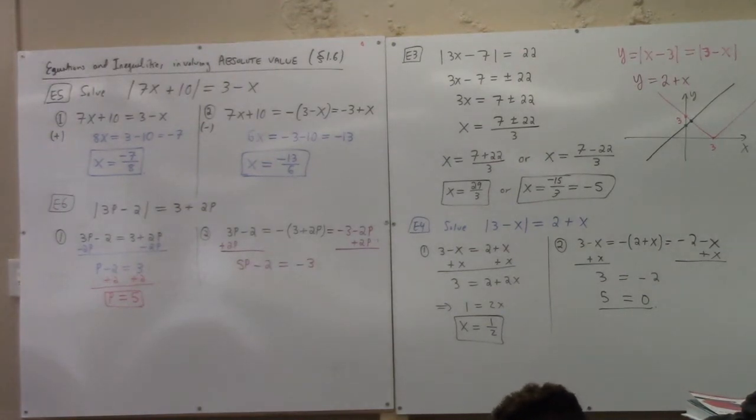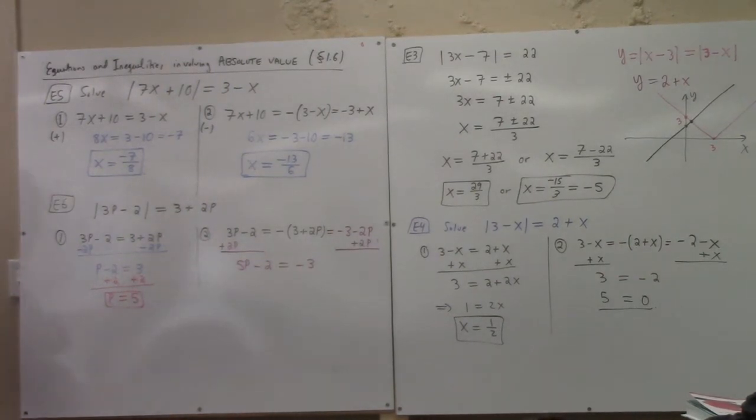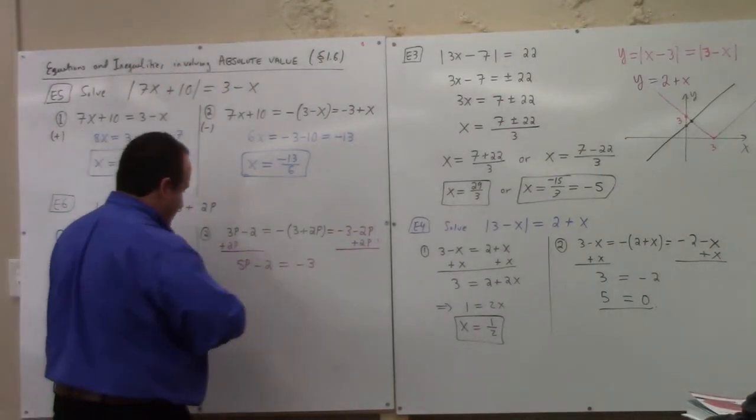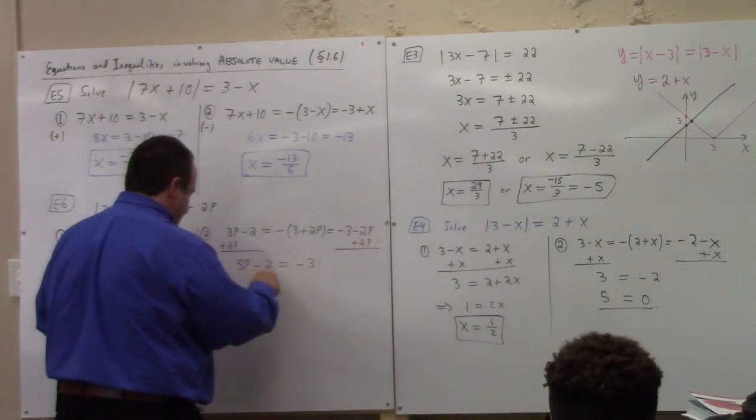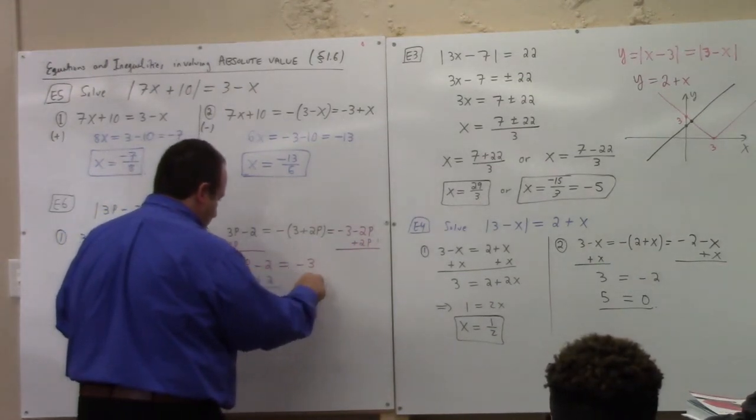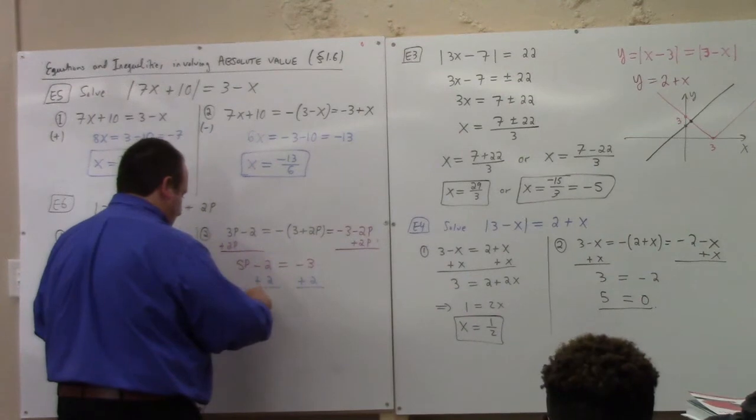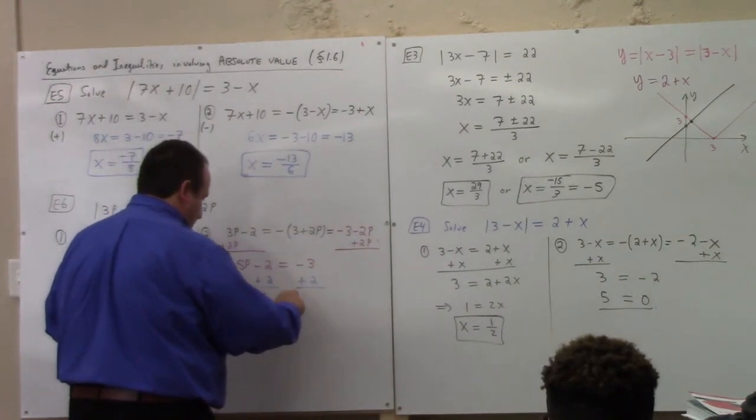All right, so I'm trying to isolate the p, right? So next I add 2 to both sides to get rid of the minus 2, right? So that gives me 5p is equal to minus 1.